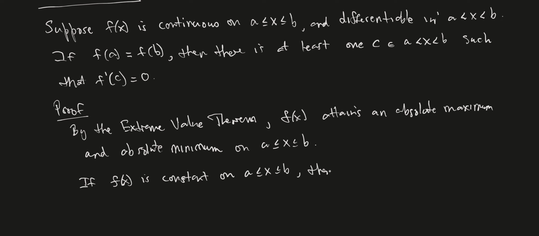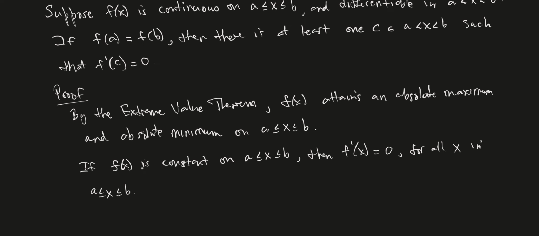So f prime of x is equal to 0 for all values of x in this interval. So not only do we have 1 or 2, but it would be for every value of x. If the function is constant, we have lots of points at which the derivative is equal to 0, because what you have is a horizontal line, and the slope is always equal to 0.